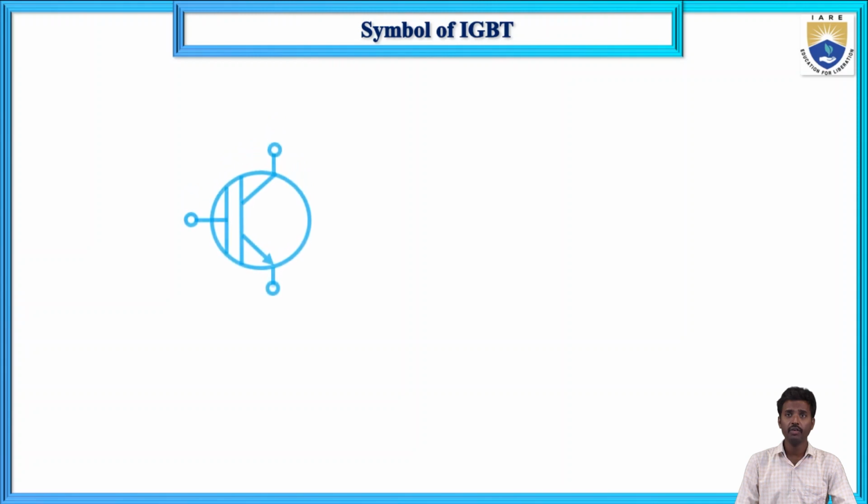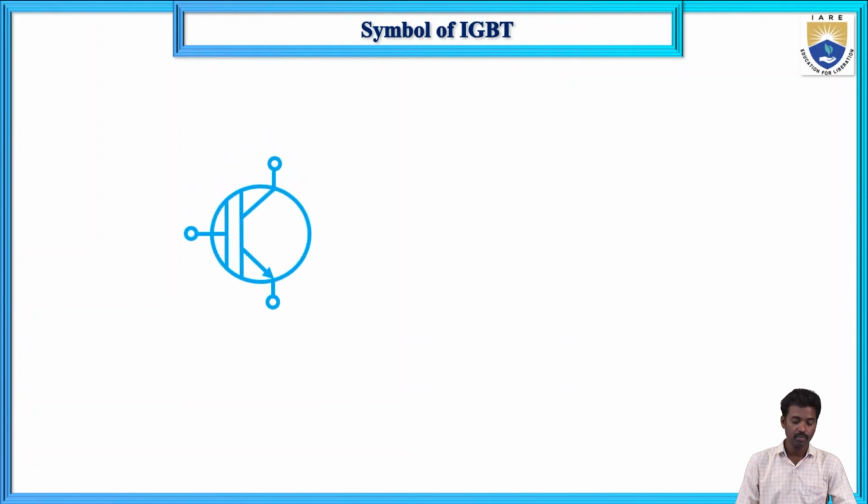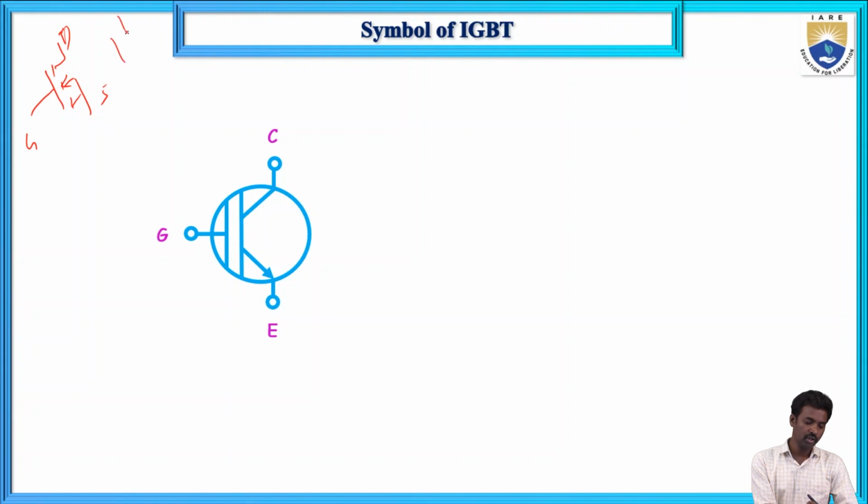Now the symbol of the power IGBT. This is the symbol. It has three terminals: emitter, collector, and gate. In the MOSFET symbol we have gate, drain, source, and in the BJT, collector, emitter, and base.